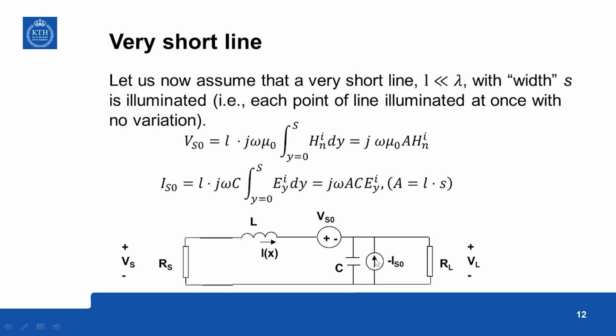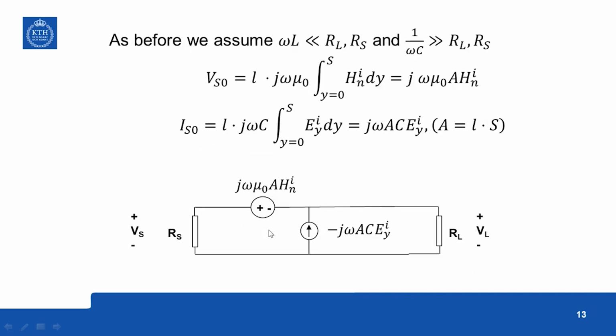Similarly, the shunt current is L, total length, times j omega C into the integral of 0 to s Ey dy. Since Ey is uniform, you replace this by L times s, small s, for the width of the line. Then you get A here, and A equal to L times s. So we got the values of both sources.